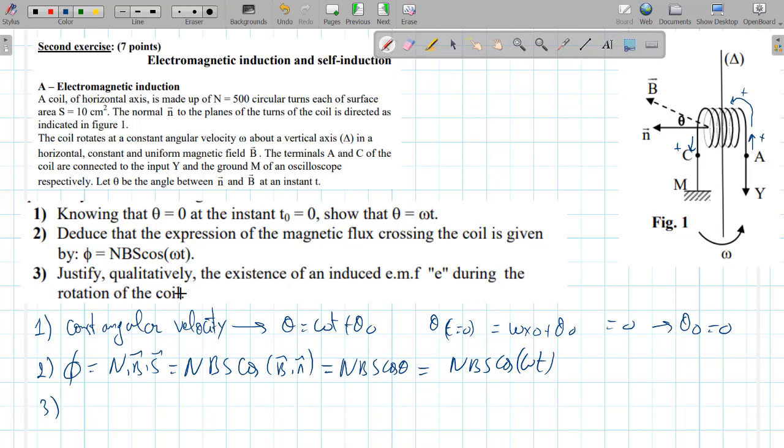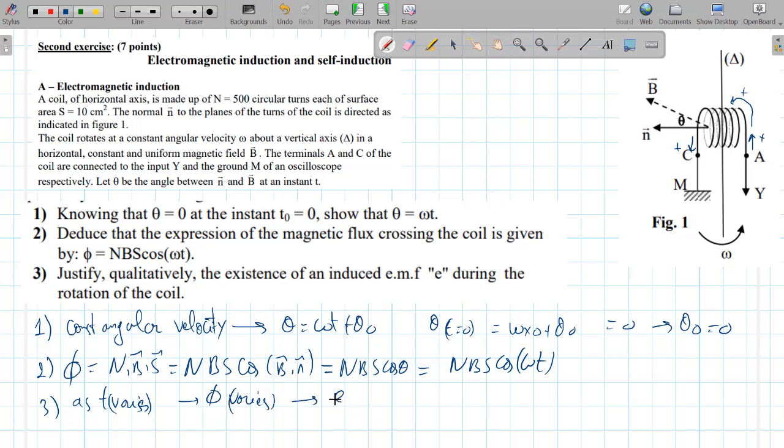ماشي الحال. part 3 عم بيقول لي بالبارت 3 justify qualitatively the existence of an induced EMF E during the rotation of the coil. هلا مثل ما بين معنا انه flux varies with time, so flux variable. So as T varies, بيطلع لنا flux varies.